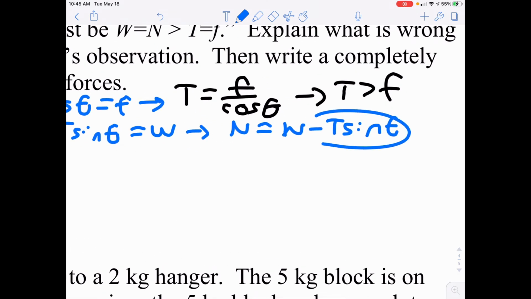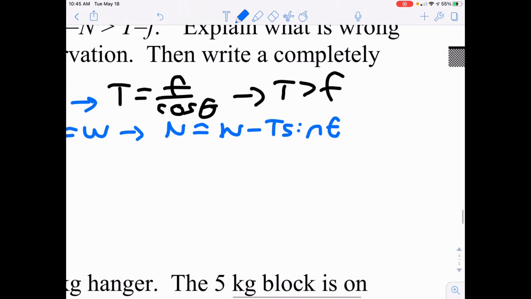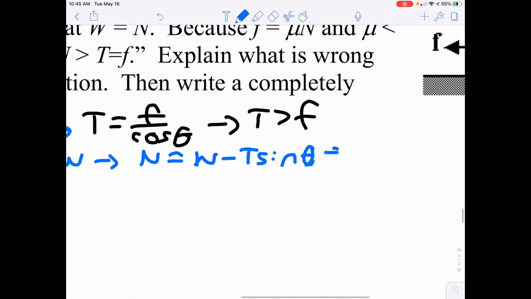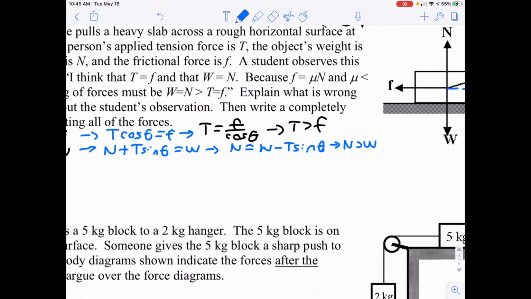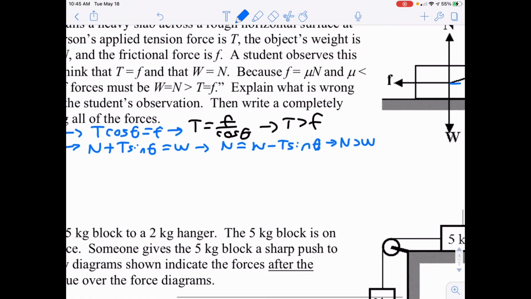Normal force is equal to the weight minus T sine theta. Since you are subtracting something from the weight, it must mean that the normal force has to be greater than the weight. Rather, that's the opposite.